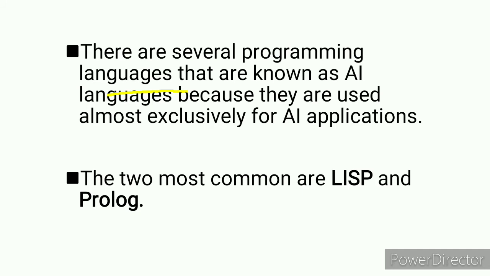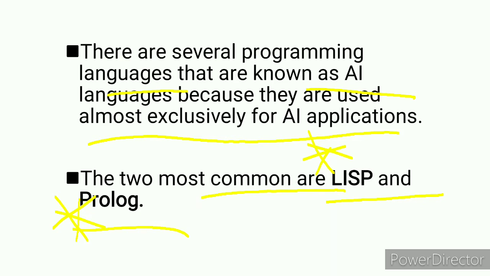These languages are used almost exclusively for AI applications, so they are dedicated to artificial intelligence. The two most common are LISP and Prolog. Please try to remember these two. If the fifth generation comes up and you mention these in your answer, it will be top notch.